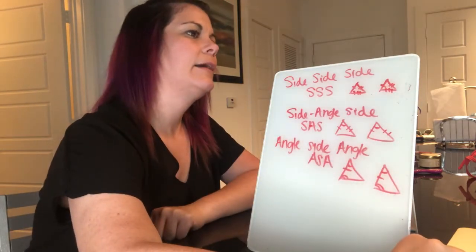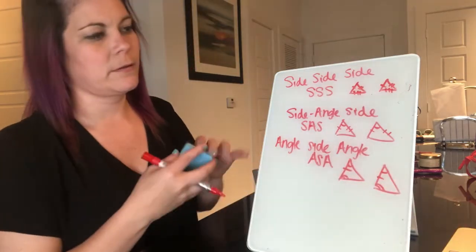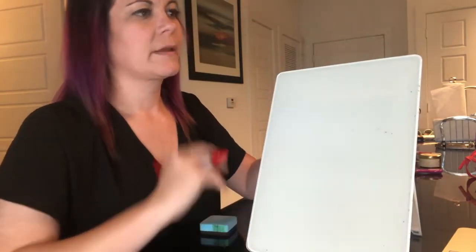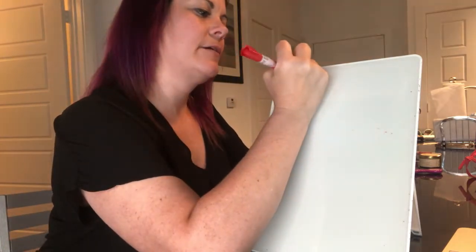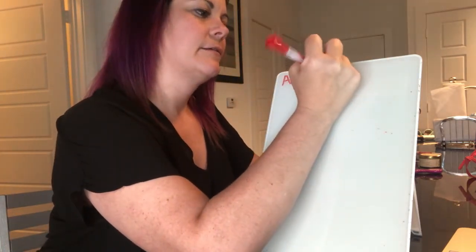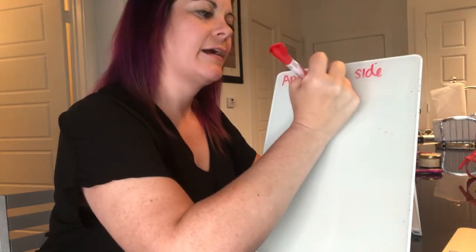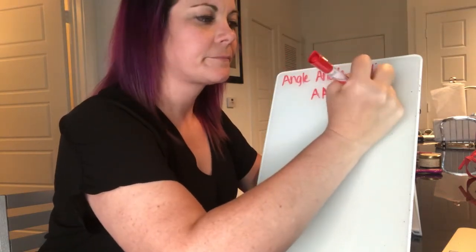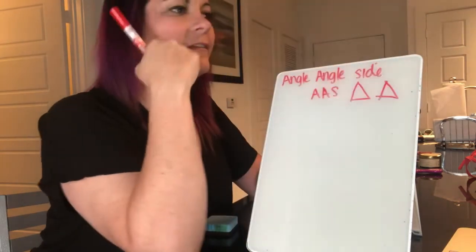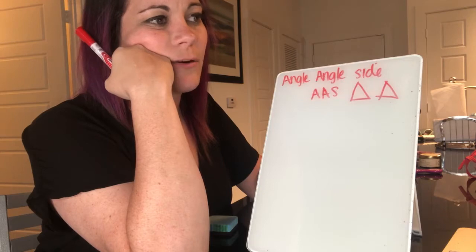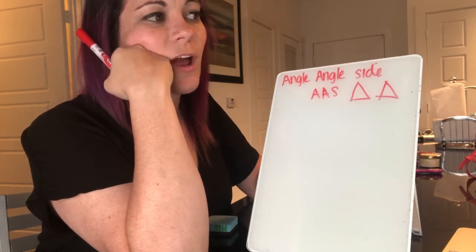Okay, I am going to erase this so I can fit some more. The next one is angle, angle, side, or AAS. It says that if 2 angles and a non-included side of one triangle are congruent to the corresponding angles and side of another triangle, then the triangles are congruent.